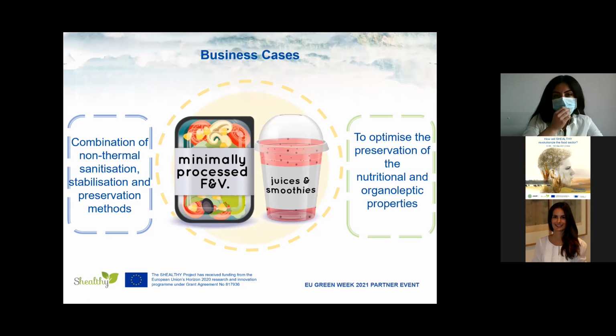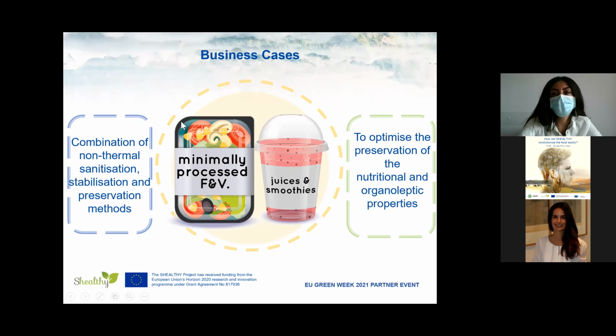So in SHEALTHY, we are going to implement two different business cases. One, minimally processed fruit and vegetables, so basically fresh cut and salads, and the other, juices and smoothies, so the blend between not only fruits, but also fruit and vegetables.